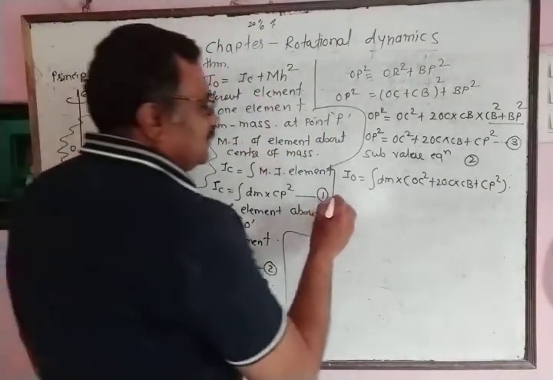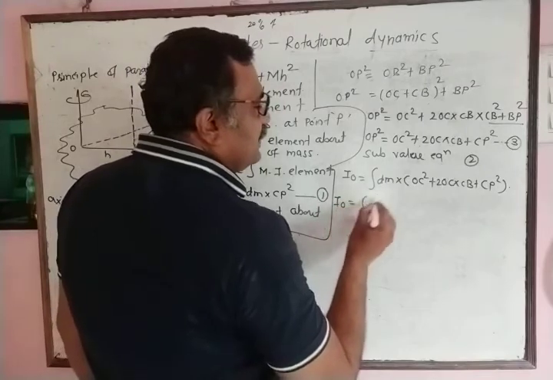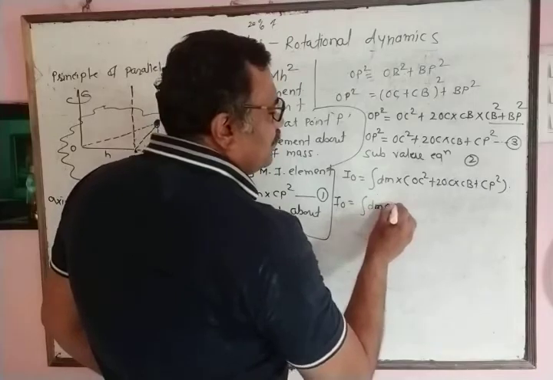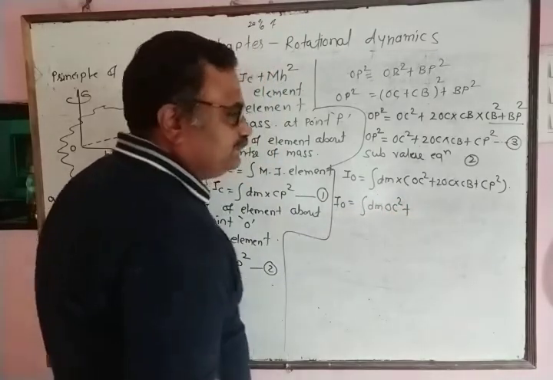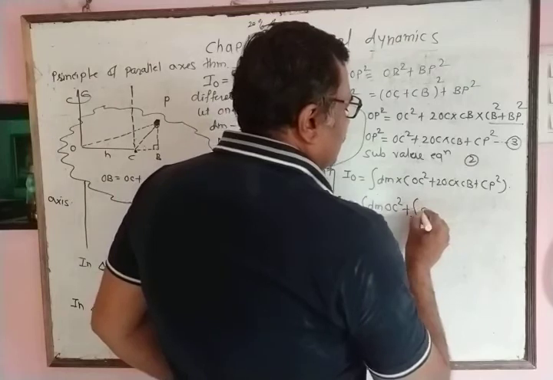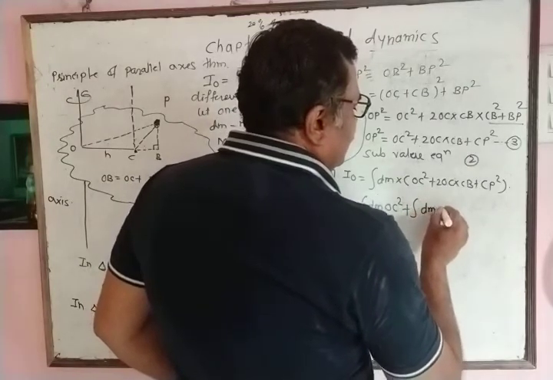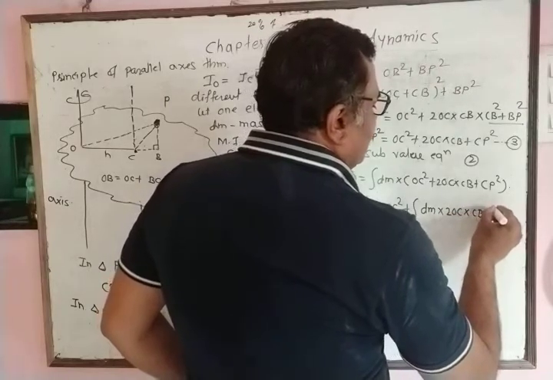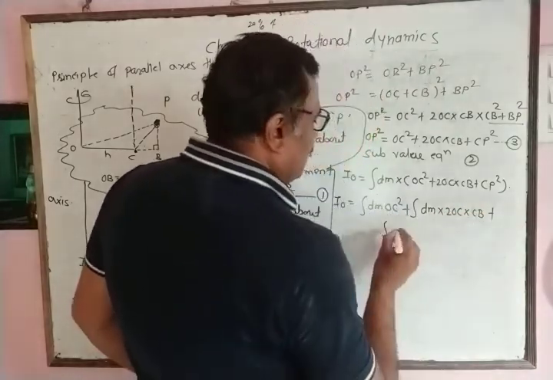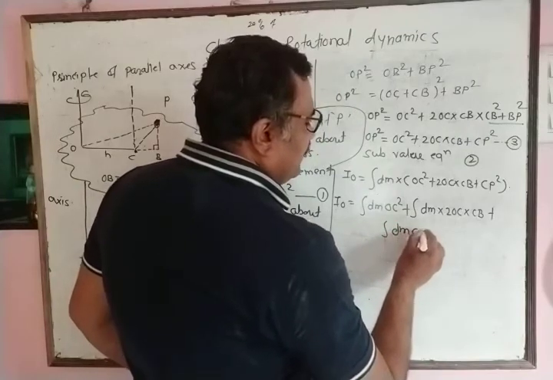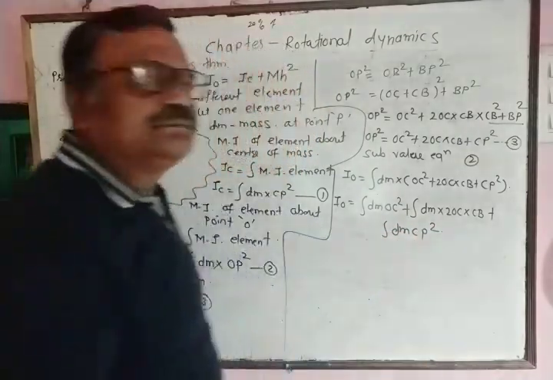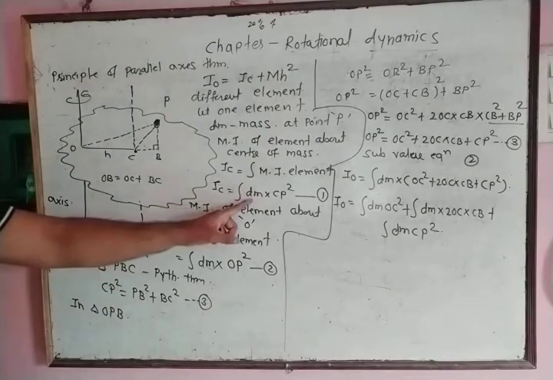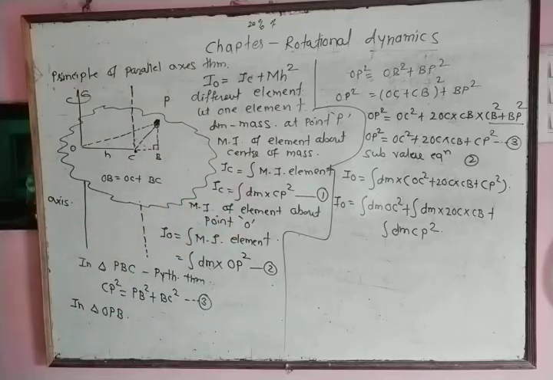Therefore, IO is equal to the integration of dm into OC square plus the integration of dm into 2 times OC into CB plus the integration of dm into CP square. But the integration of dm into CP square is equal to IC.